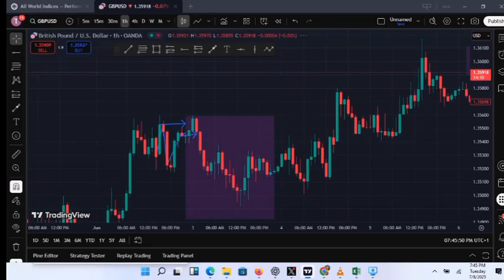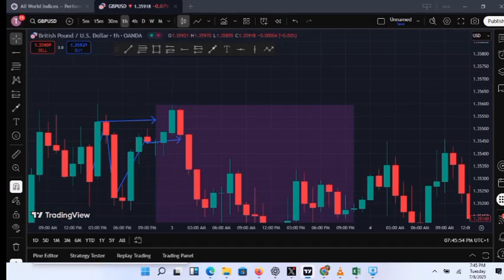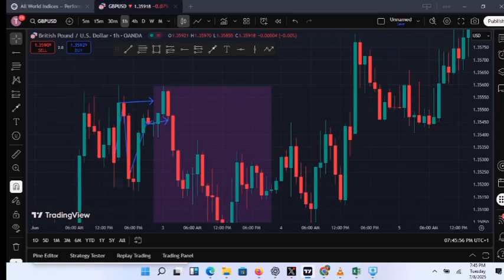So as it gave us a break of market structure there, what did it indicate for us? It indicates sell for us. As it indicates sell for us, we actually know that the market wants to sell. Look at it. It sold a bit and it did not sell.